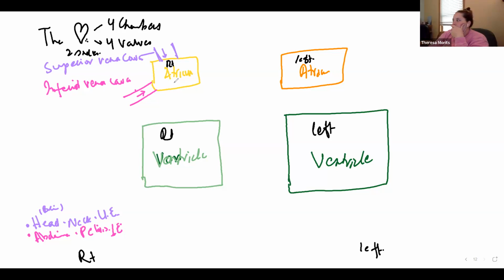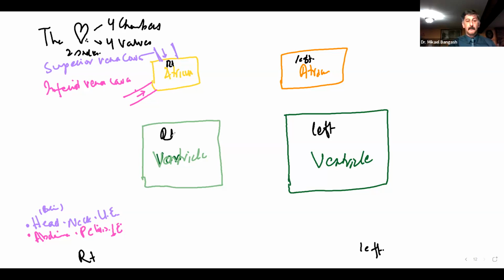Good. Now, guys, ultimately more and more blood is going to return back to the right atrium. So that means the blood that entered the right atrium at first has to be able to leave the right atrium and go into the next room.